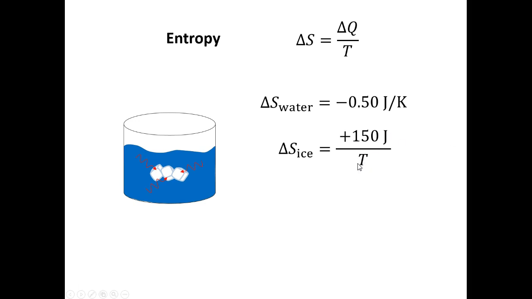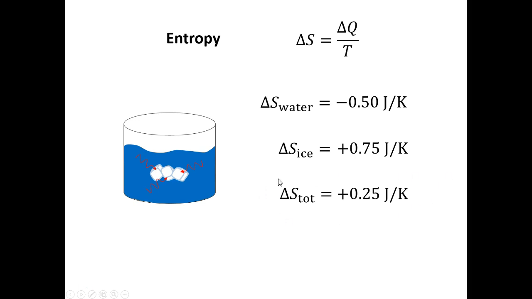The ice is at a lower average temperature, and let's say the value is 200. So this is well below freezing. Freezing would be 273 Kelvin. When we divide, what do we get? Positive 0.75. When we add up the total, we get a positive 0.25 joules per Kelvin.